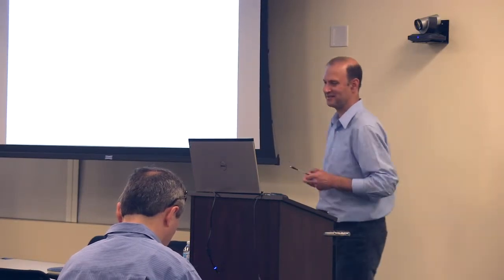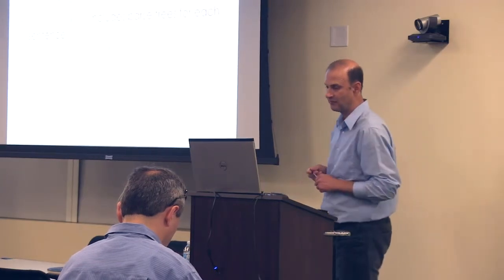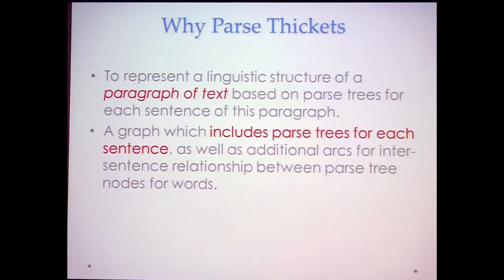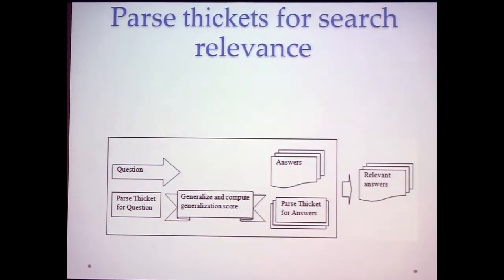Similarly, more sentences, similar, and then the phrase, another example. Okay, now Parse Thicket. We are done with individual sentences, and possibly Google has that. Let's see how we can do better, and what kind of linguistics works between sentences. We want to represent the linguistic structure of a paragraph of text by combining individual parse trees. So we have parse trees and then additional links between words which are not syntactic.